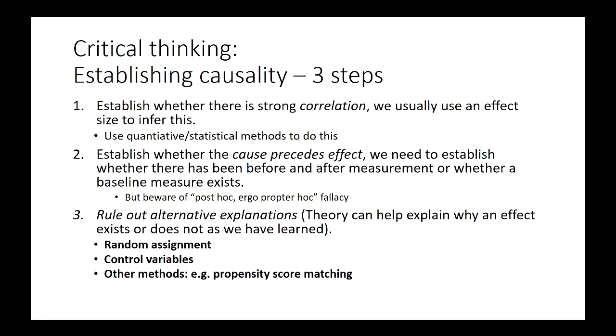So just showing correlation is not enough. You also need to show that one of the variables is actually causing the other variable. The main way to establish what is causing what is to show that the cause came before the effect. So the merging came before the improvement in performance, keeping everything else the same.